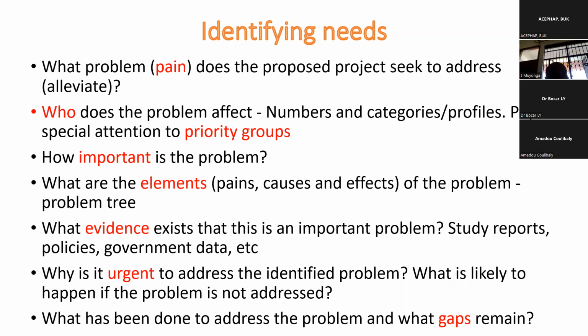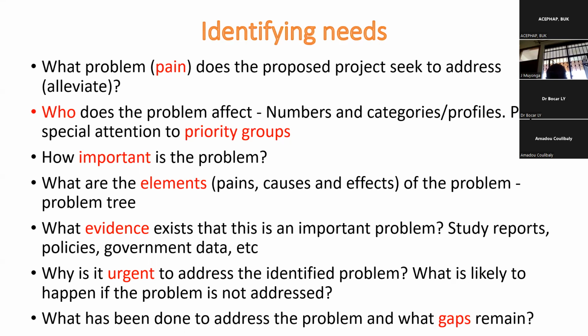Then how important is the problem? You've talked about the problem, it's pain to some people, but how important is it? Be able to highlight the numbers, the severity, so that the reader realizes that your project should be prioritized.